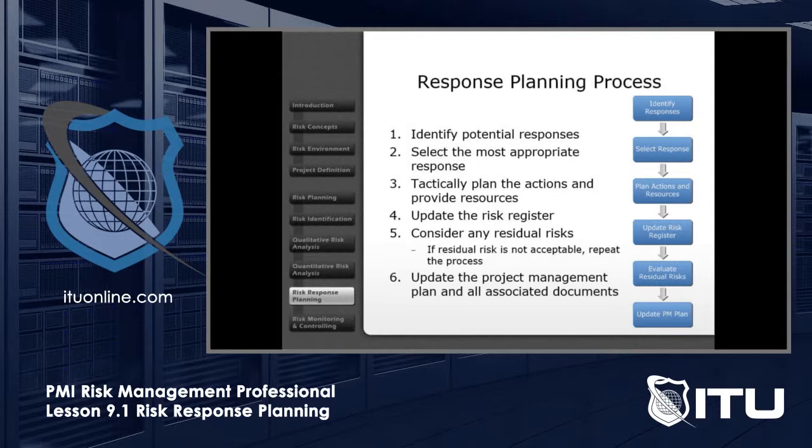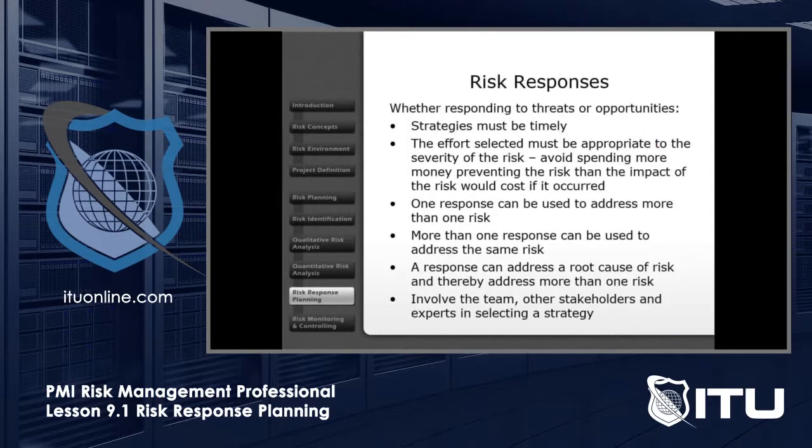And you go through it again. If it's acceptable, then we update the project management plan and any associated documents. So you may be taking multiple responses on one risk, or you may take one response for multiple risks. But you want to always evaluate, make sure you get to a point where residual risk is acceptable.